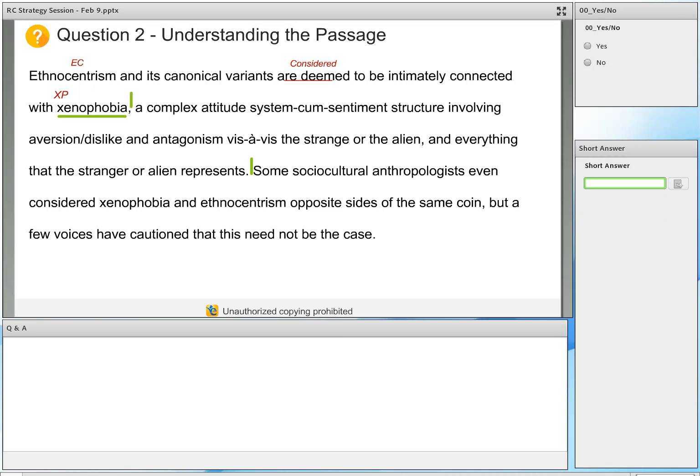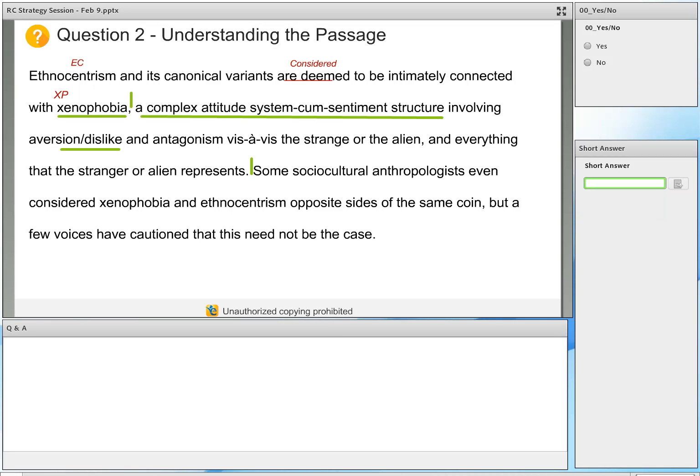I am reading this information, then rereading it, and that's absolutely fine. Let me read it again. A complex attitude system cum sentiment structure. These seven words can be simplified into some kind of structure. Involving aversion or dislike, I can simplify this as hatred.